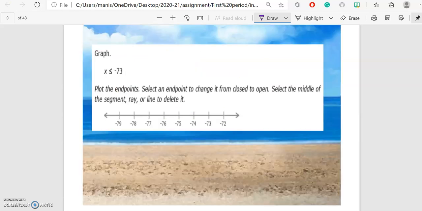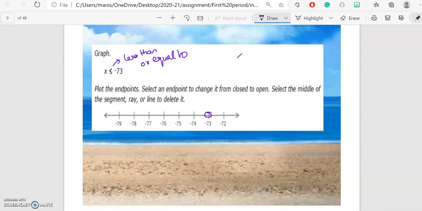Okay, next question says graph x is less than or equal to negative 73. So first of all, this is a negative 73 over here. Now as you all can see it says less than or equal to.